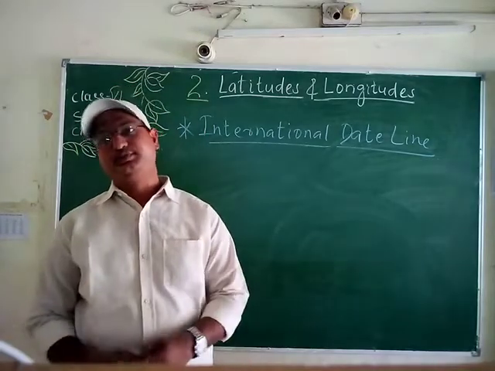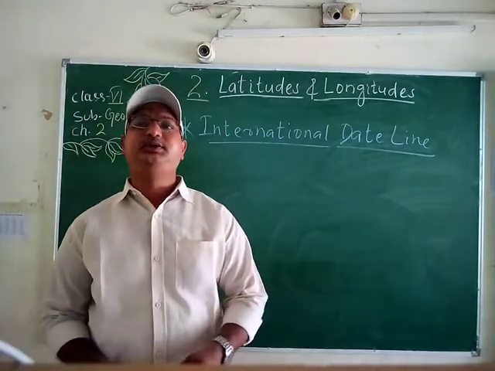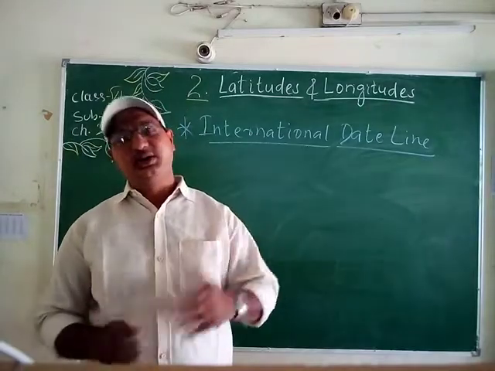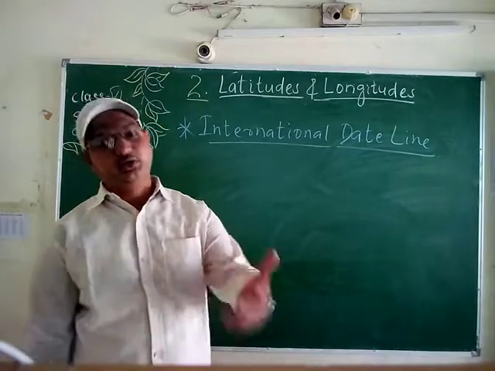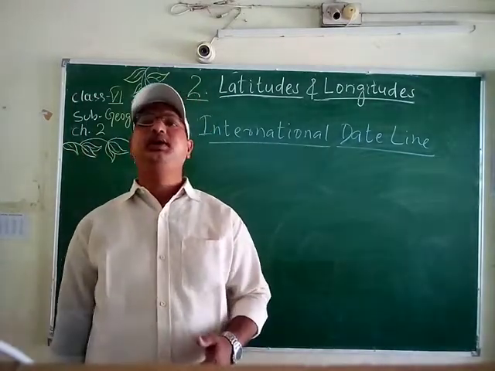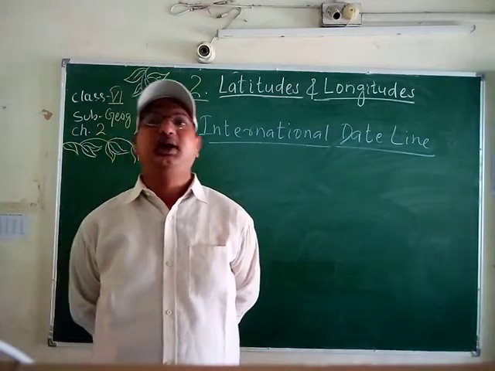Some countries, students, like the USA have a width spanning several longitudes. Students, you know the size of the United States and Russia. Russia has 11 time zones. I will tell you what time zones are. First of all, we read that the USA has a width spanning several longitudes.